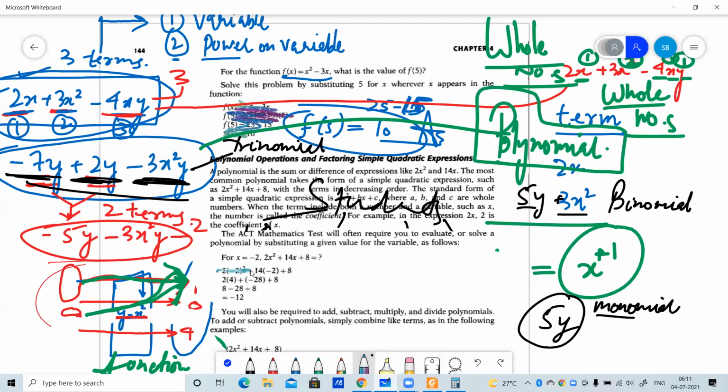Can you try to solve this question? Same thing which we did for functions. This is the question. For x equals -2, solve 2x squared plus 14x plus 8. I'm gonna try. Okay.